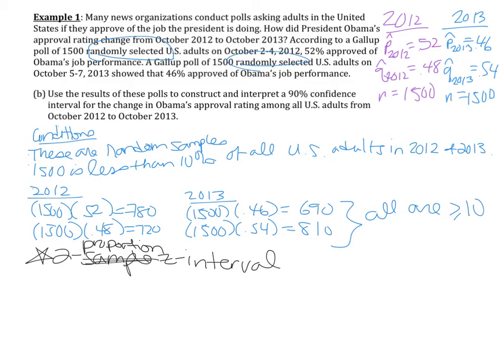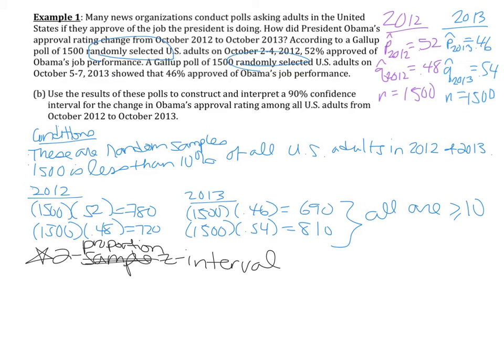Okay, so let's go ahead and work this out. The good thing for this is we already have our standard error figured out. So the first part of it, we're going to subtract our two p hats. If you look back up at the top, on part A, they say 2013 minus 2012.